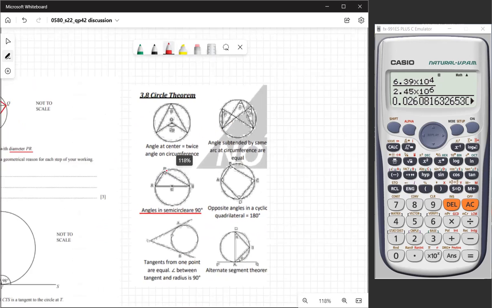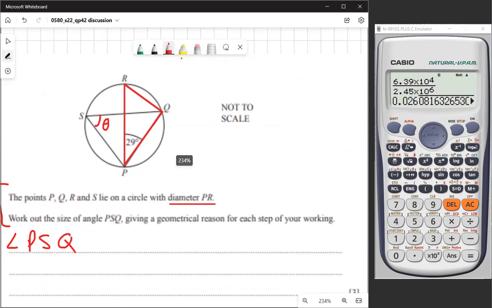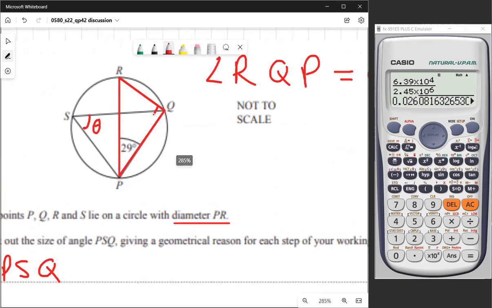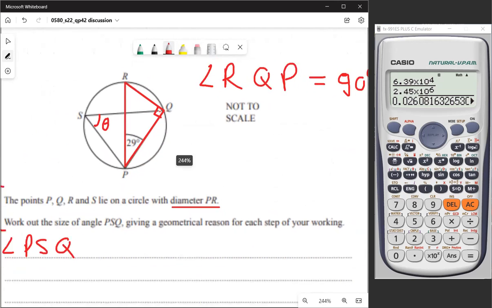This circle right here is a semicircle because it's divided by the diameter, half the circle. And we have this triangle. So RQP must be 90 degrees. Where is RQP? This one. This is it.